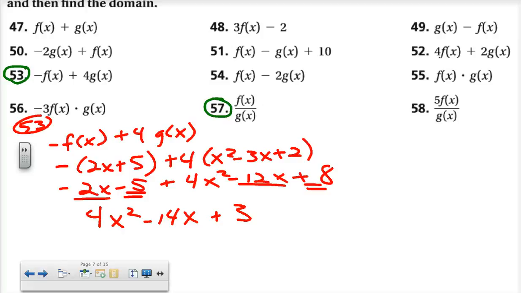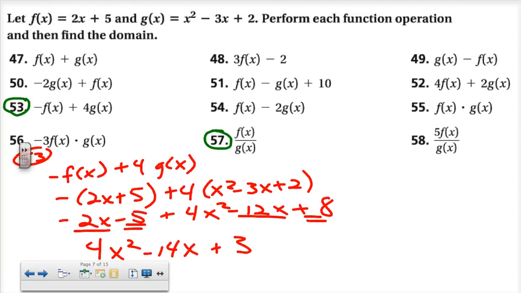Now I go back and I think about the domain and the range for these from the very start. And I'm using f of x and g of x way back up here at the top. And there are no restrictions on the domain there. I don't see any even roots and I don't see any division, so it would be all reals at that point.